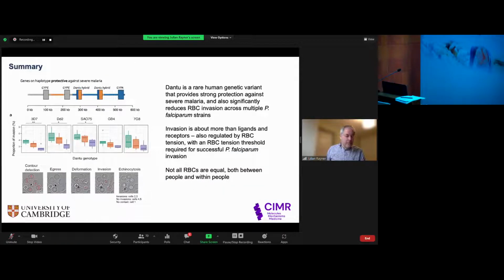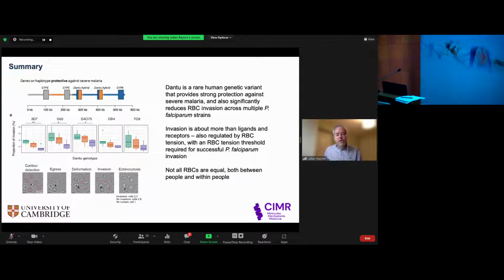So to summarize, while going at the parasite and understanding parasite-host interactions is very important, sometimes you get clues from other places. And what we've shown is that Dan2, which is this very rare human genetic variant that provides strong protection against severe malaria, significantly reduces invasion across multiple strains, but it seems to do so not only by affecting ligand and receptor interactions.